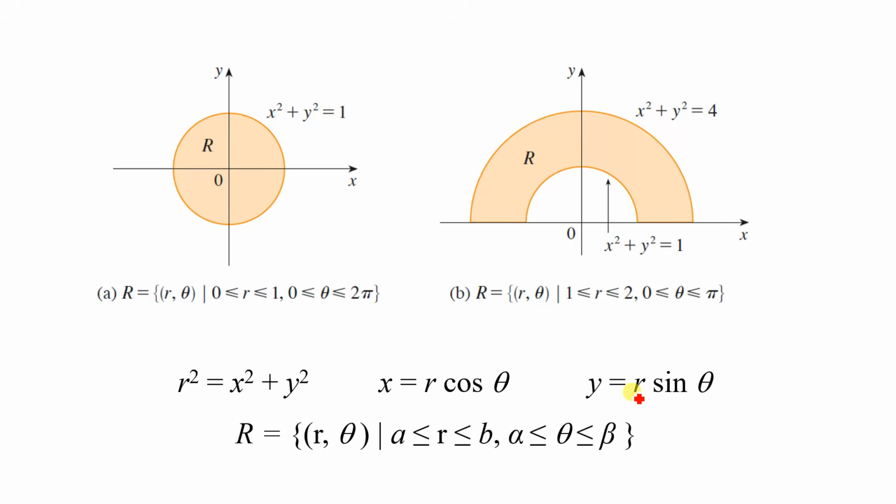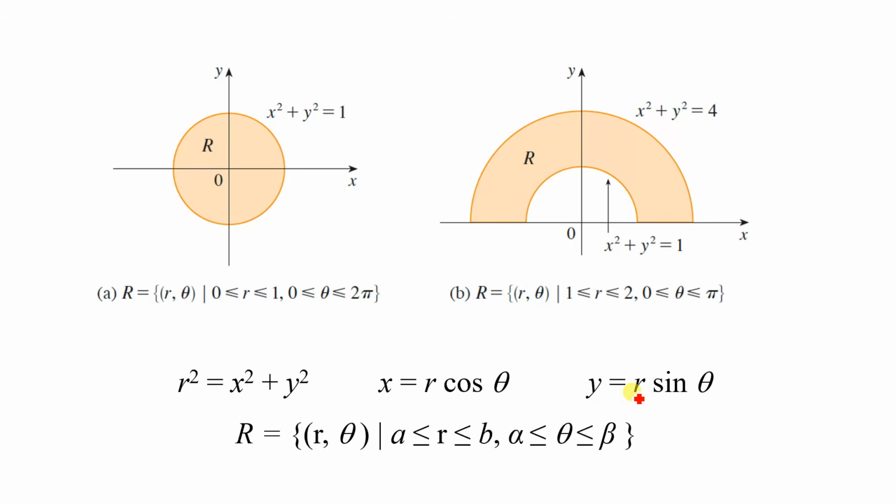These subintervals would be [r sub i minus 1, r sub i], and they should be of equal width, where the width, the change of r, delta r, is expressed as (b minus a) over m.